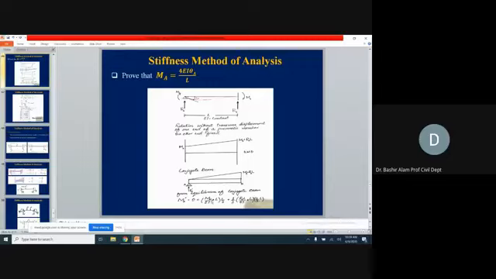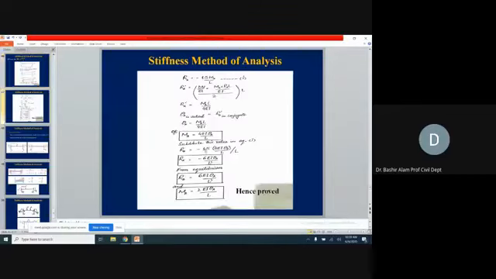The area of the rectangle is MA L divided by EI, and the area of the triangle is half of RA L divided by EI times L. Summing them up, RA prime is MA L divided by EI plus MA L RA divided by 2.